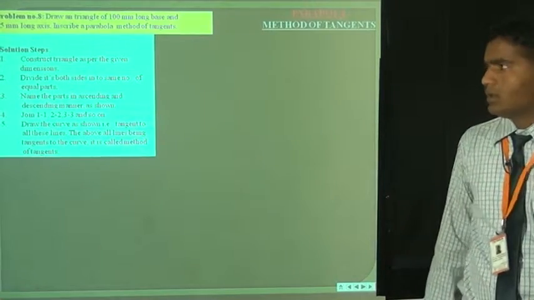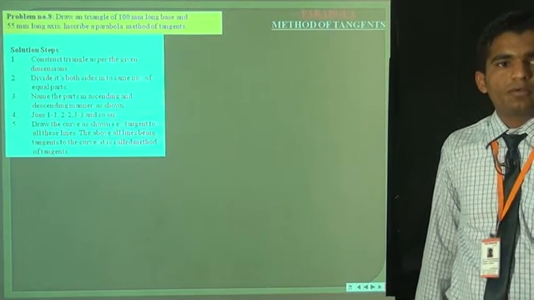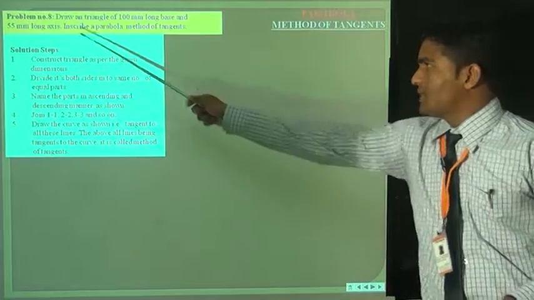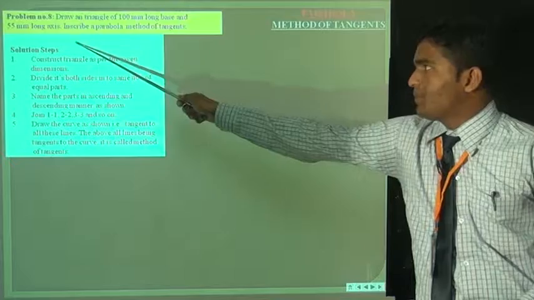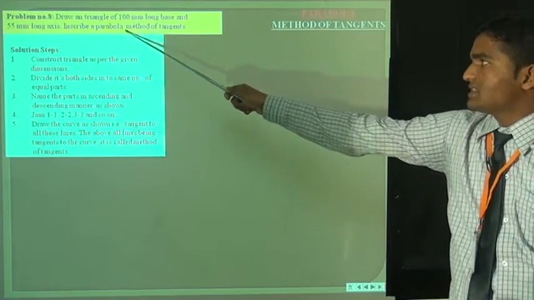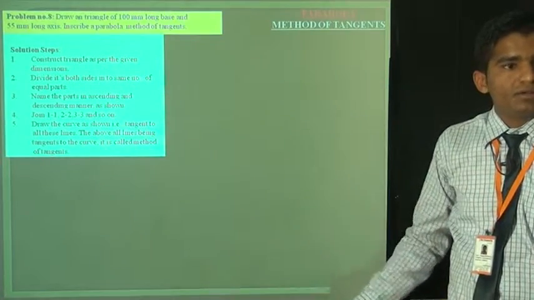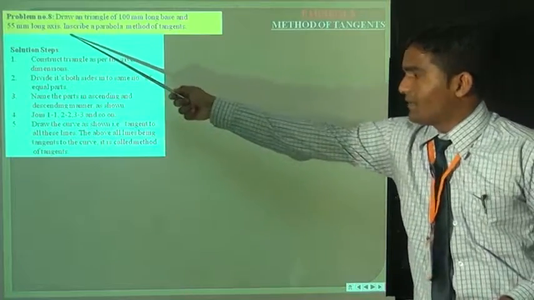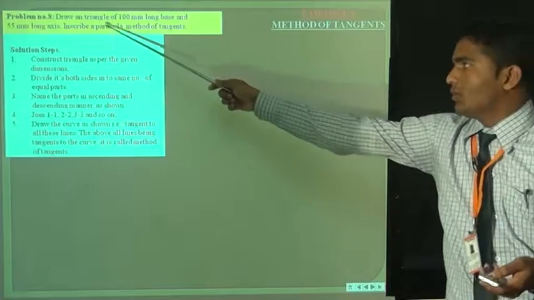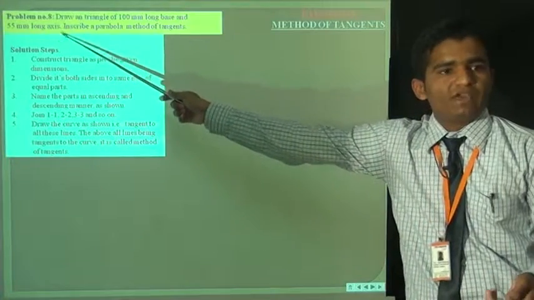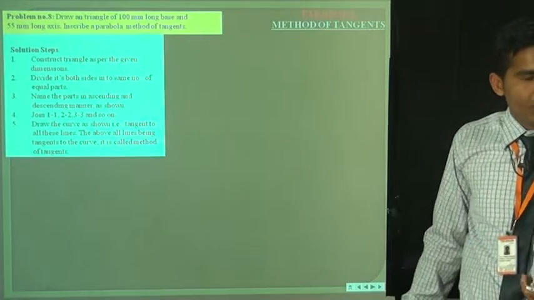So first of all, remember the 55 mm long axis. In any problem, the dimension of the axis is doubled. So we have 55 mm, so multiply by 2. 55 multiplied by 2, we get the dimension 110 mm.